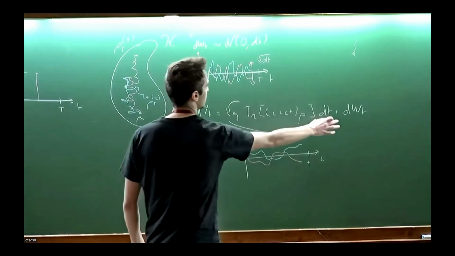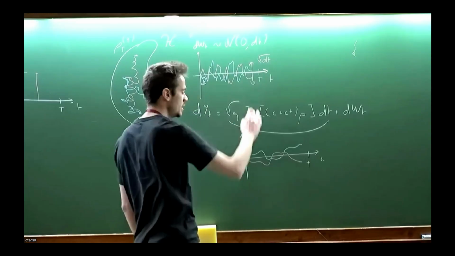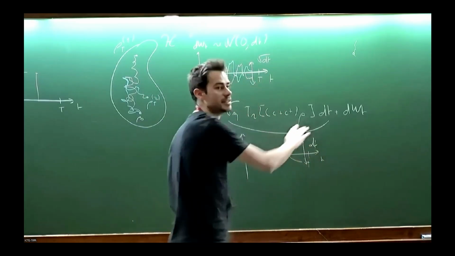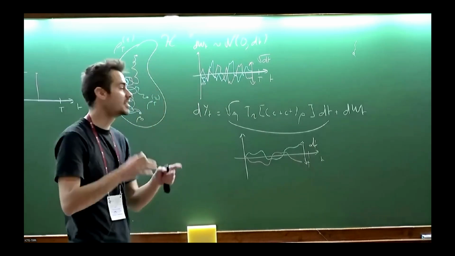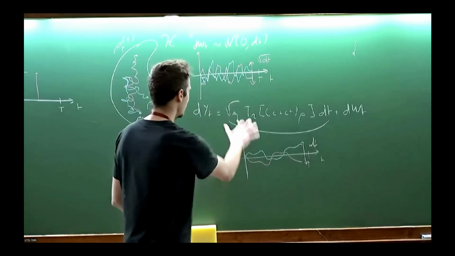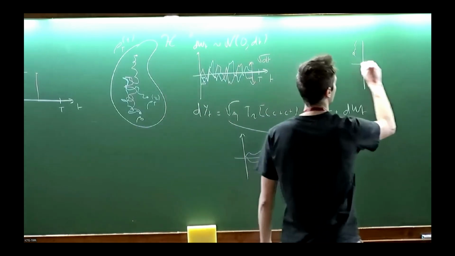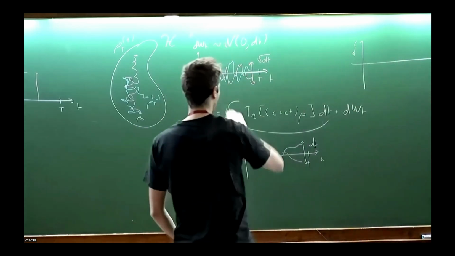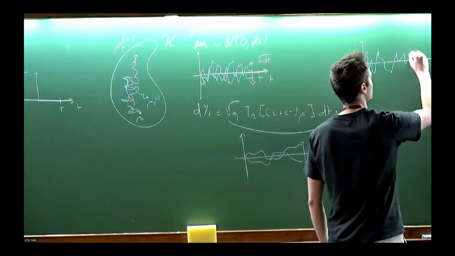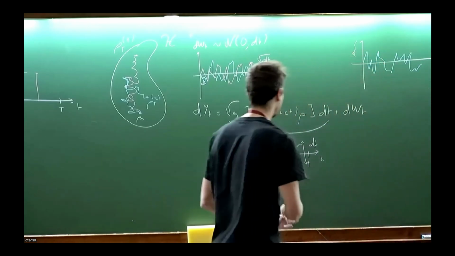So I told you this dW is of order square root of dt. This here is of order dt, because you have this dt here. So for dt small, this is, if you want, much bigger than this. So when you mix the two signals, when you mix the stochastic process and this dt part, well, it will mostly look like noise, okay? But you know that this is hidden inside.